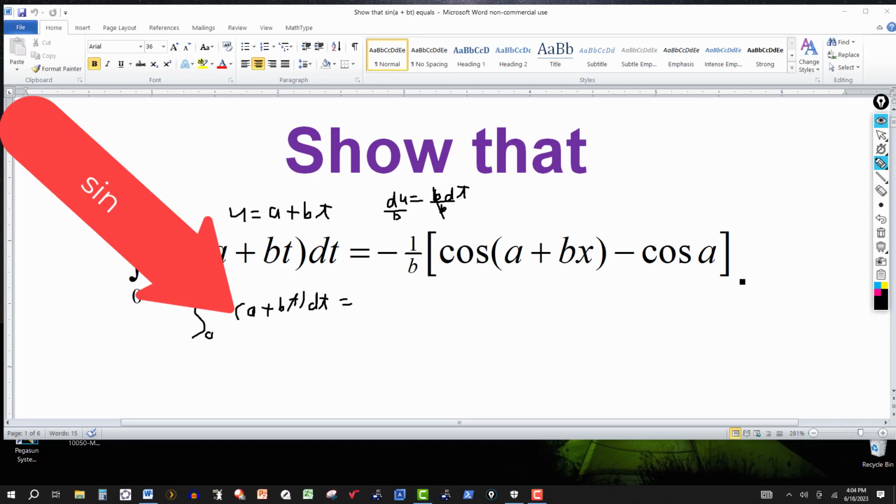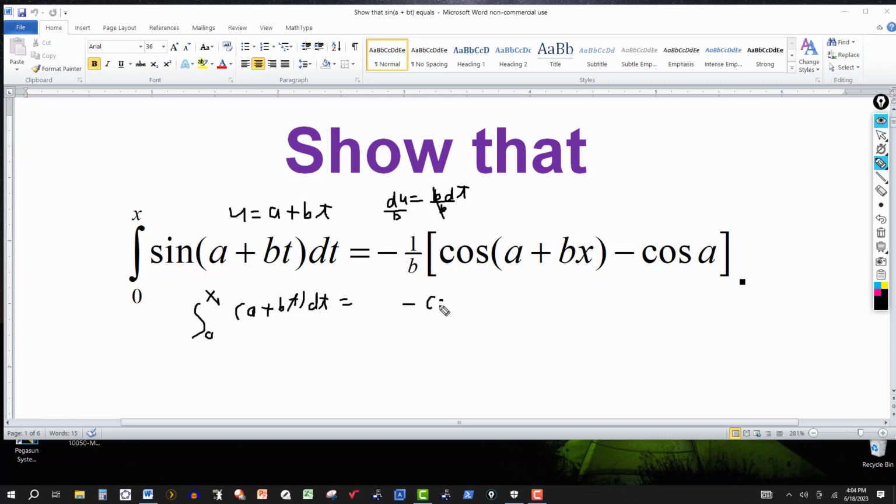The integral of sine is minus cosine. And the argument would be a plus bt. And then again, you'd have to divide through by the derivative of this argument, this expression here.